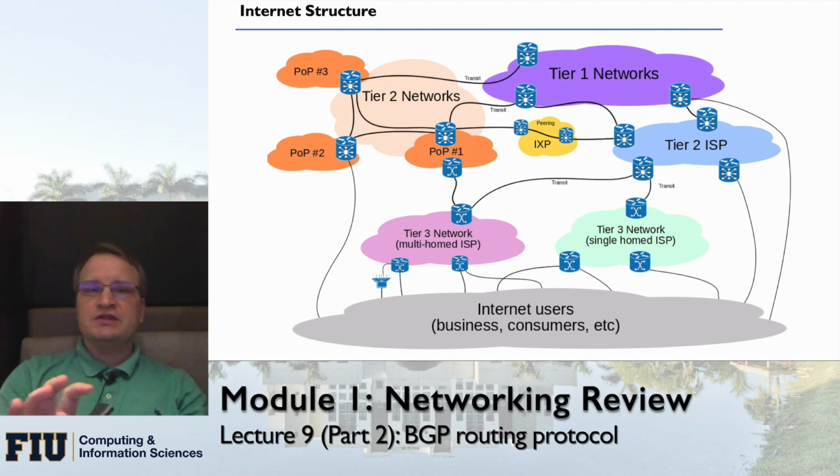The reason I draw the picture this way is to show that there's quite a bit of a relationship between these different tiers. There's always some kind of relationship between one network and another: it's provider-customer, or it's peer-to-peer, depending on with whom we're talking.